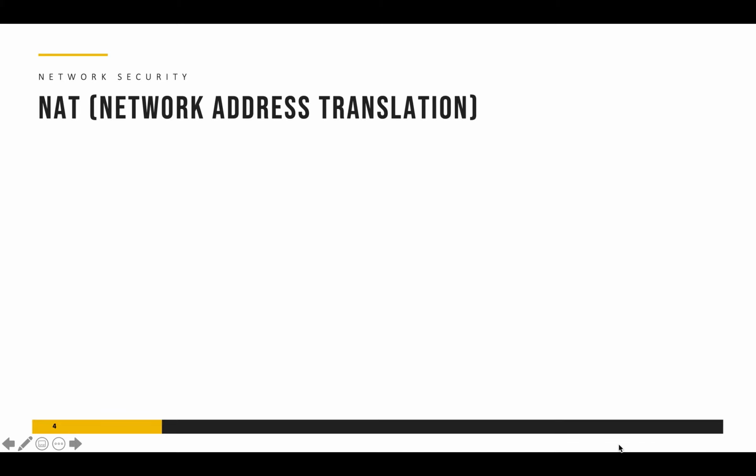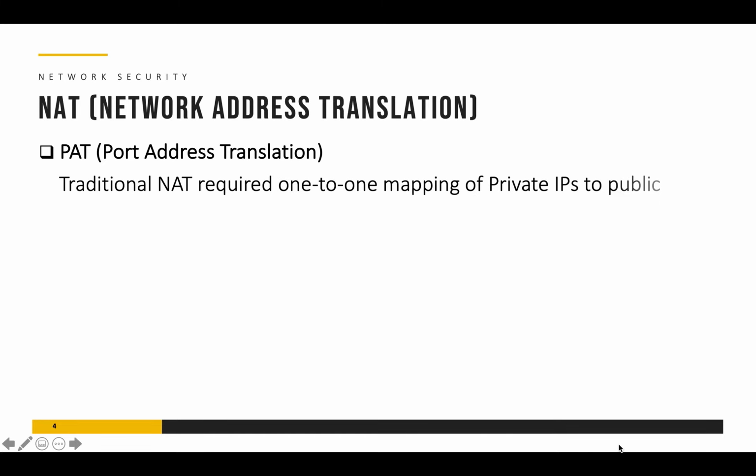A related concept with NAT is that of PAT, or port address translation. Traditionally, NAT had a pool of public IP addresses, and every time it received a packet from an internal IP, it replaced that with a public IP. So basically, you needed one-to-one mapping: as many public IP addresses as internal IP addresses. But that defeated the purpose. You'd still require thousands of public IP addresses.